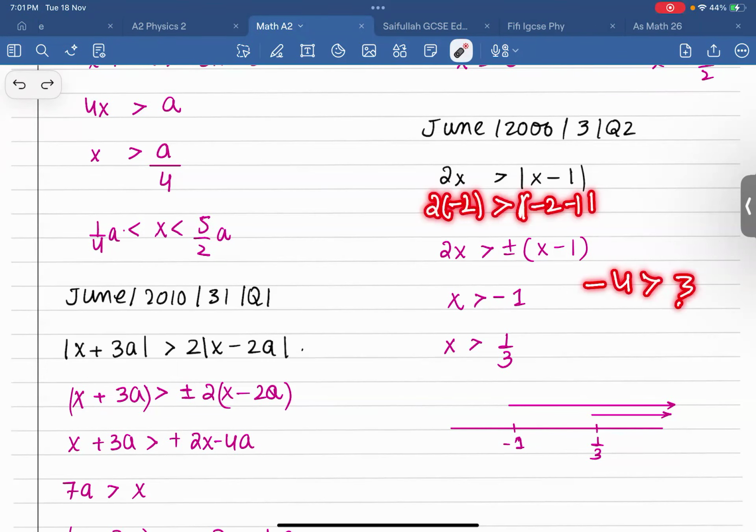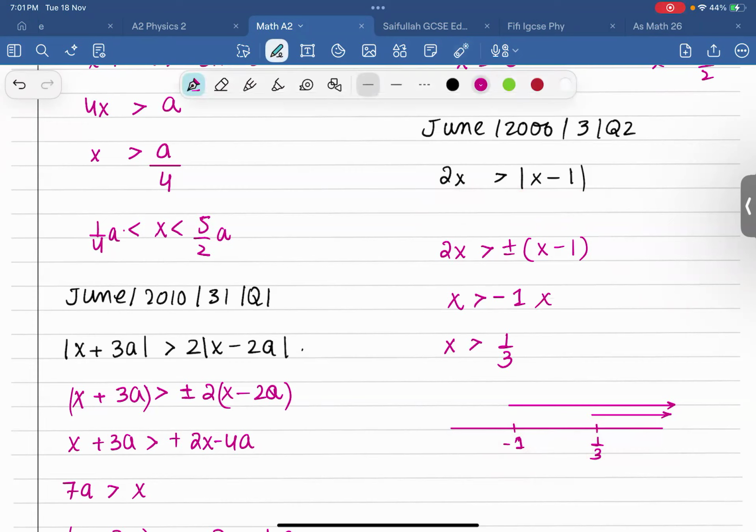So this is also not making sense, right? So any value from -1 till 1/3 and smaller than -1 is not making sense at all. But any value greater than 1/3 is making sense. So you just ignore this one and select that one, and this will be your final answer, right? Clear? That's it.